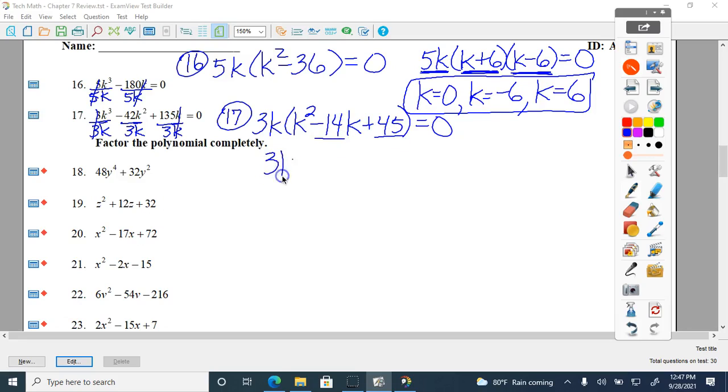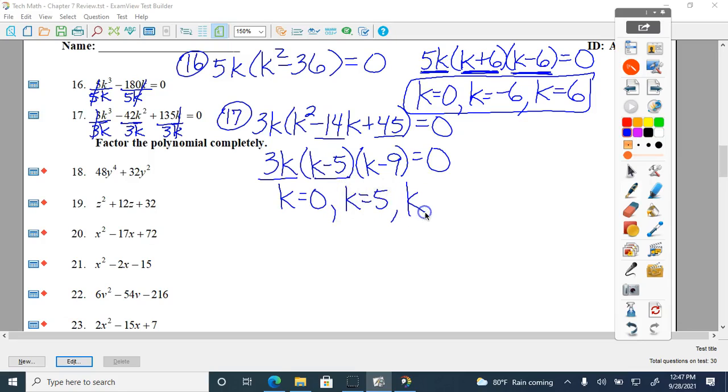So we're going to have 3K times K minus 5 times K minus 9 equals 0. Now it looks like 13, 14, and 15, and now we can figure out what K is. So again, this K would be 0. This one's going to be 5. And this one's going to be 9. And there's our 3 answers. Okay?